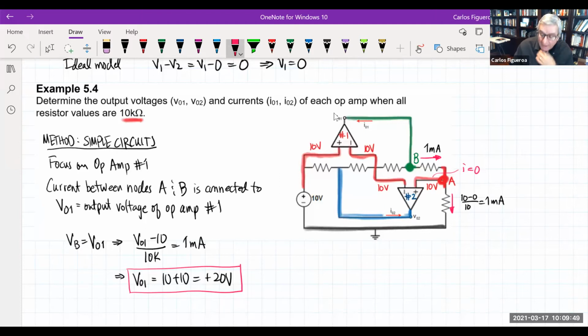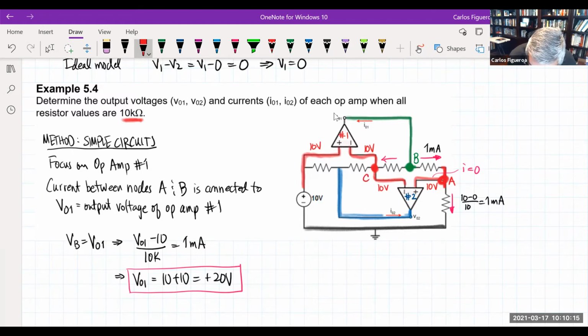Now, wait a minute, but now I know this node right here. I know that that node, because of the way the wires cross here, is 20 volts. So then that tells me that the current is going to be going in which direction here? It's got to go from the high to the low. So I'm going to keep labeling these nodes because I'm going to have trouble.